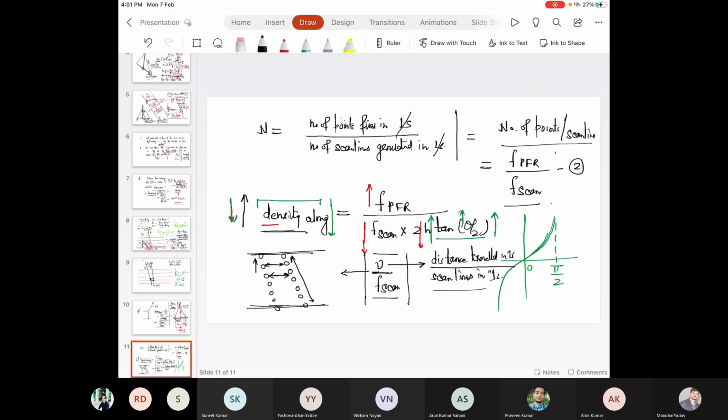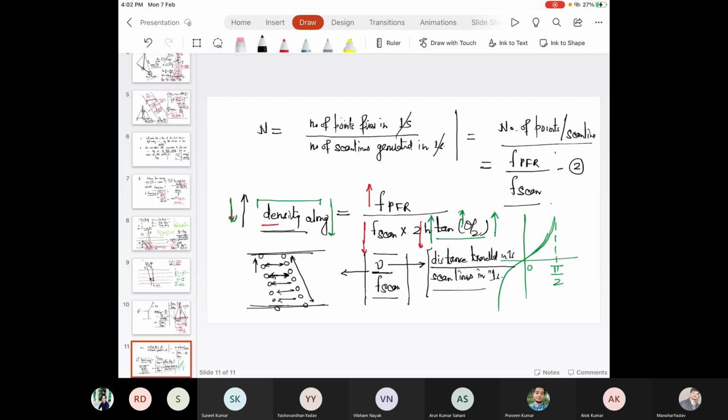This is the distance between two successive scan lines. You see, all these distances are constant. So distance traveled in 1 second divided by scan lines in 1 second gives you the distance traveled in one scan line.